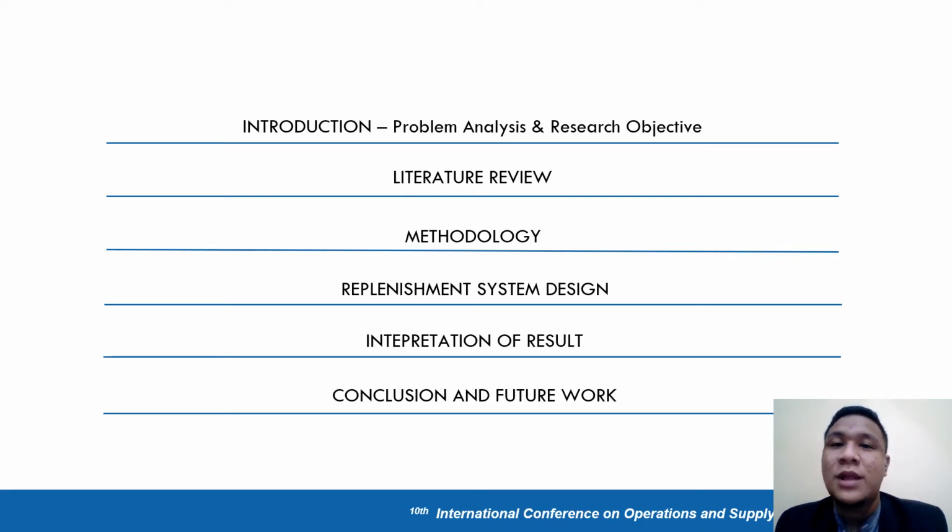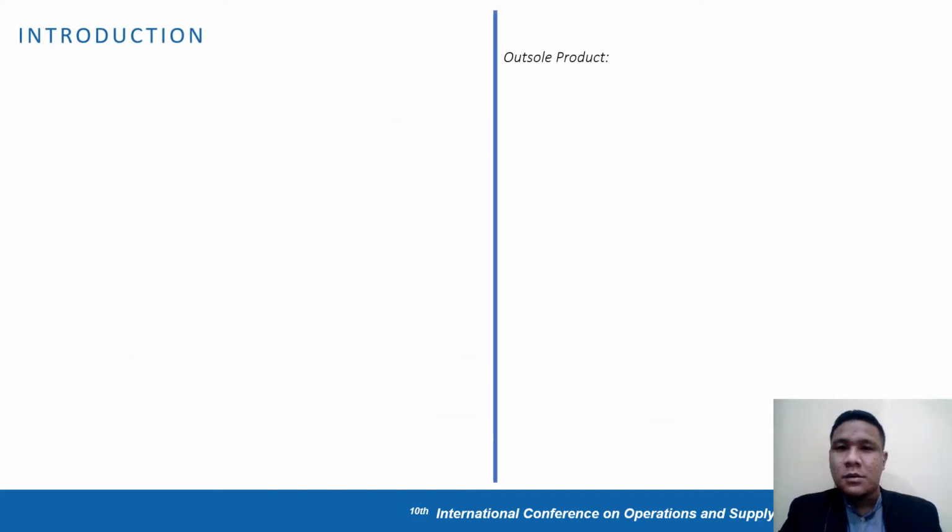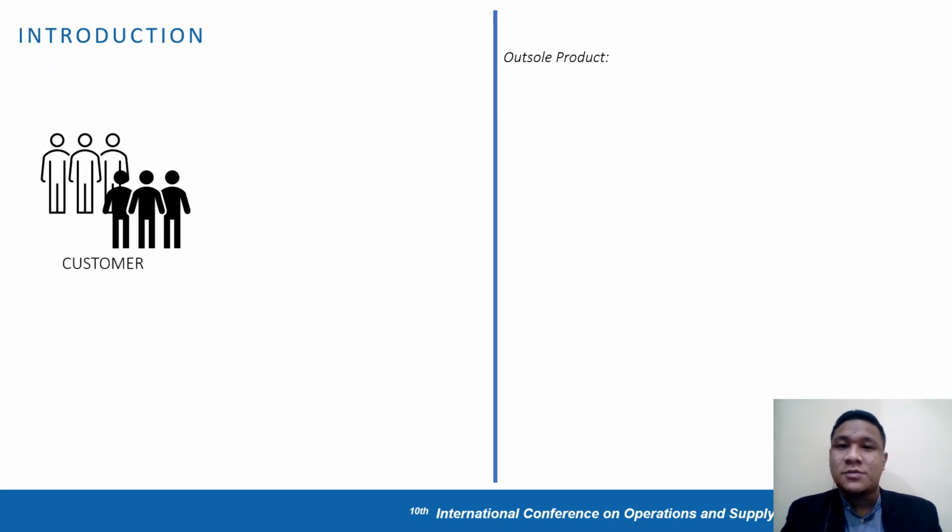First of all, I would like to explain why this study is very important. This research is a case study of a plastic injection manufacturer in Indonesia, to explore how MRP and JIT can be employed in a hybrid design. The case study is a non-repetitive make-to-order, or MTO, company.